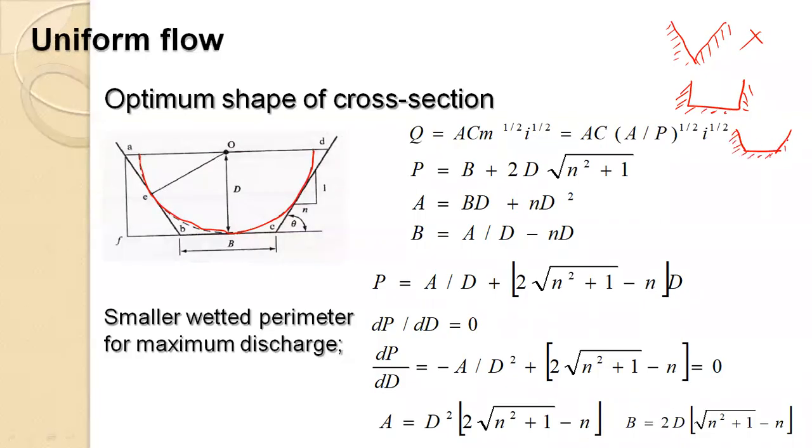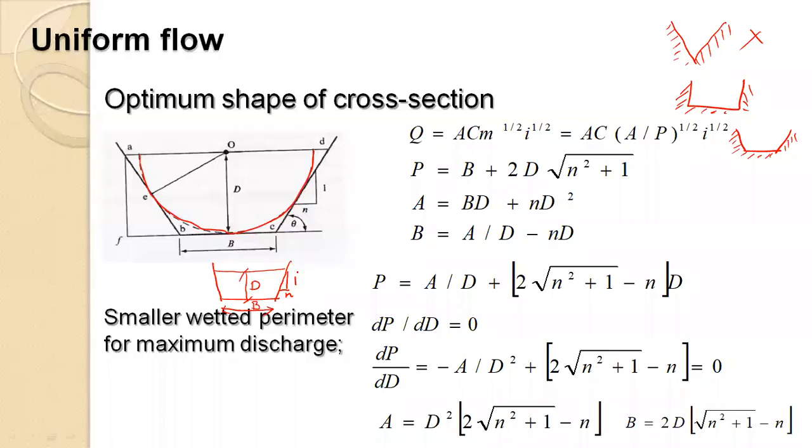Now we are going to look at the trapezoidal section here. So let me take a trapezoidal section like this. I'm going to draw a trapezoidal section, which is having side slopes 1 to n, and a water depth capital D. I'm going to take the depth of water as D, and then the bottom width taken as capital B, right?